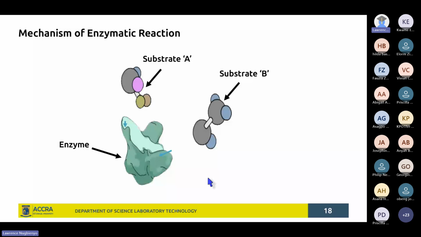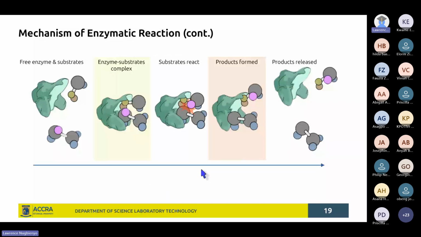So if you have the free enzyme with these two substrates which are supposed to react, what happens is you have the two substrates getting into the active site.